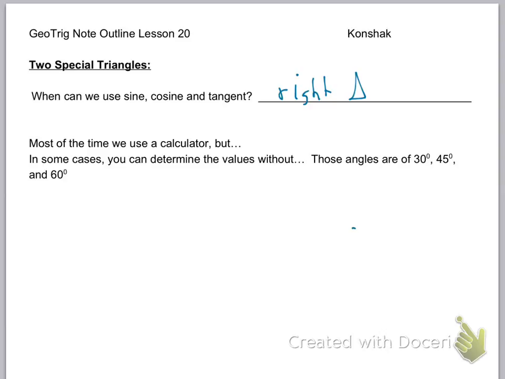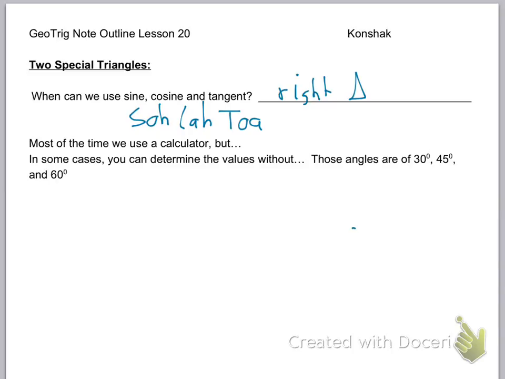Remember, when we set up that ratio, we might as well write it down here. Each one of these stands for a different function and its ratio. Sine is opposite over hypotenuse. Cosine is adjacent over hypotenuse.